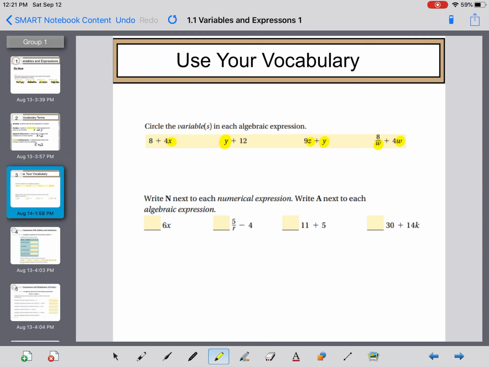So we're going to write an n next to numerical expressions, meaning numbers only, and write an a next to algebraic, which has variables.